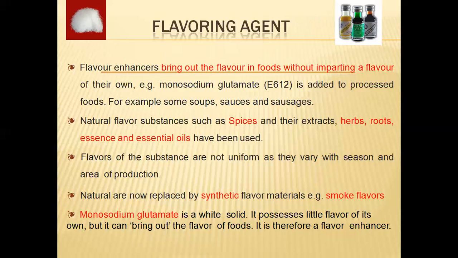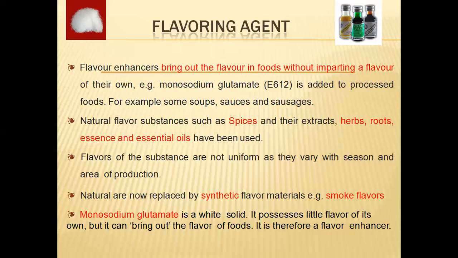So natural ones are now replaced by synthetic flavor materials. Example, smoke flavor. You get ready-made smoke flavors and you just add them to your food and it has that artificial flavor, which actually is not natural. Okay, so you get essence, smoke flavor essence also.